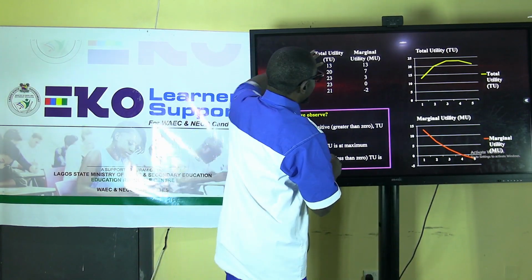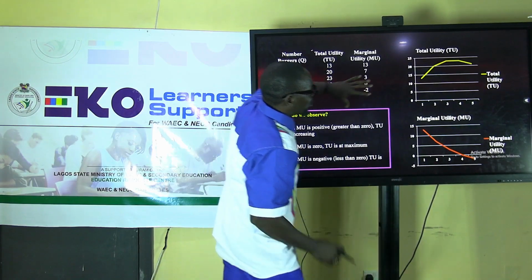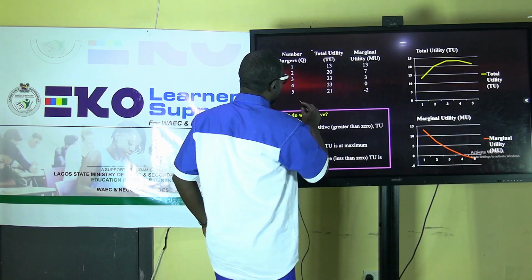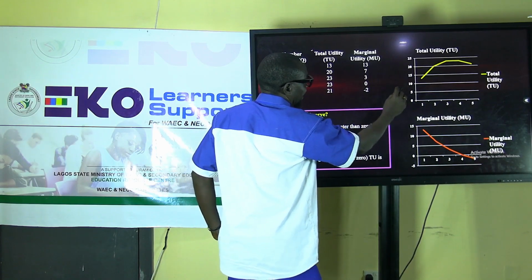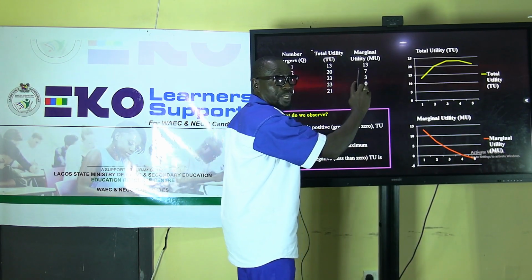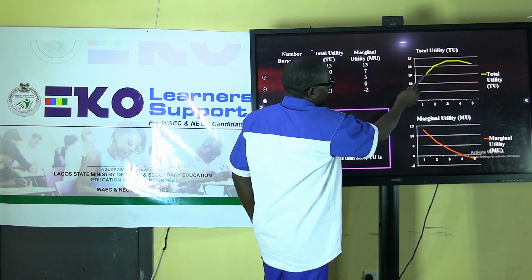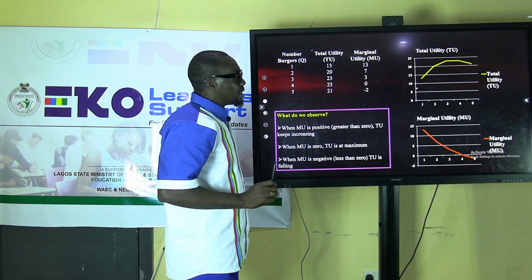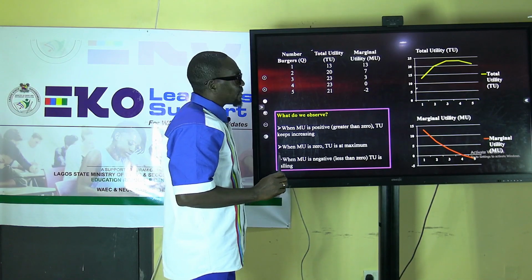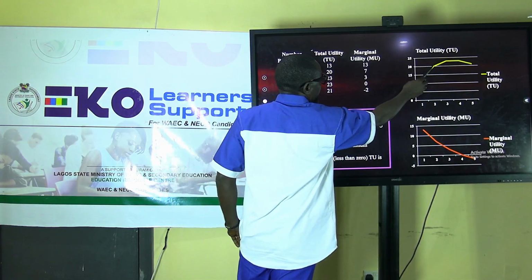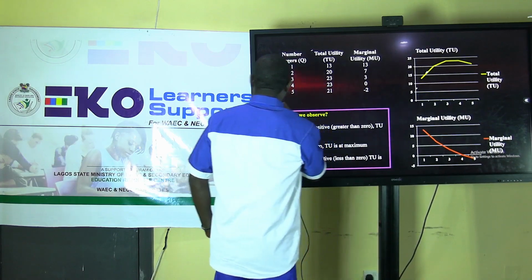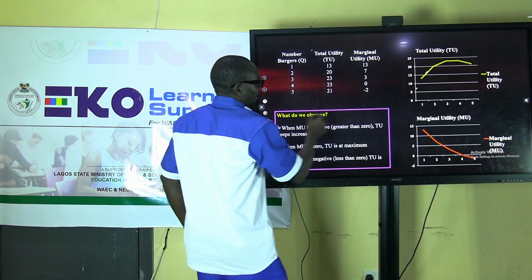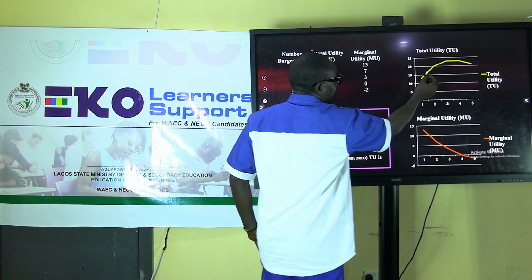So from this schedule here, we are able to bring out this table of total utility, which is increasing but at a diminishing rate. How do we know that? Note that the steeper the slope, the higher the rate. So the slope at this first portion is steeper.